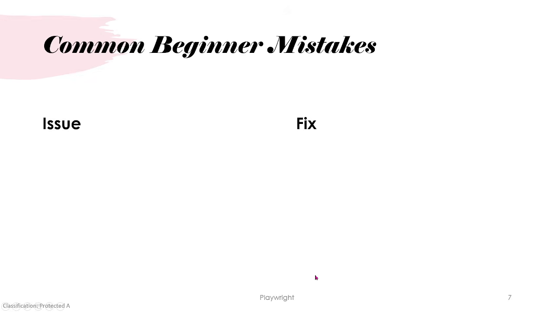Common beginner mistakes. Using many of the same locator. That means in the web page, you have many web elements with the same text, like Save.